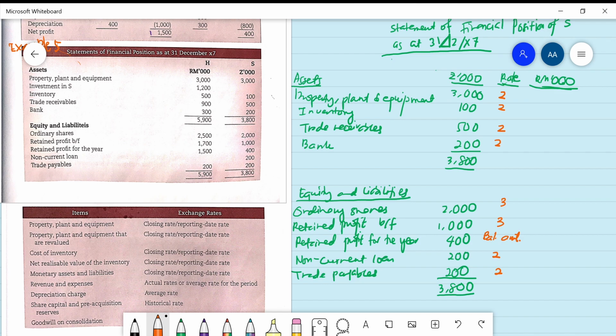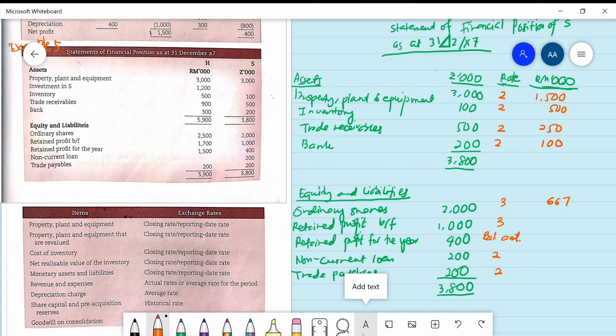Okay, so we translate using the rates. 1,500. Inventory 100 by 2, inventory 50. And then 250, 200, 100. Ordinary share 3,000, so 667.